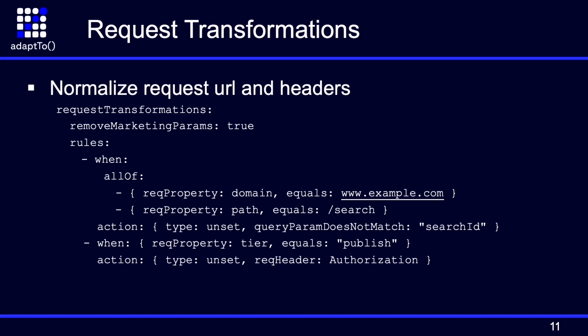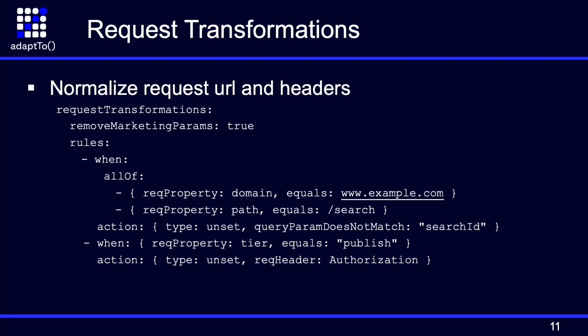Okay, so here is a full example of how these rules will look. As I said, you have a condition, a when condition typically, and an action. The first condition applies for a specific domain, www.example.com, and the path search, and it removes every query parameter that does not match search ID.